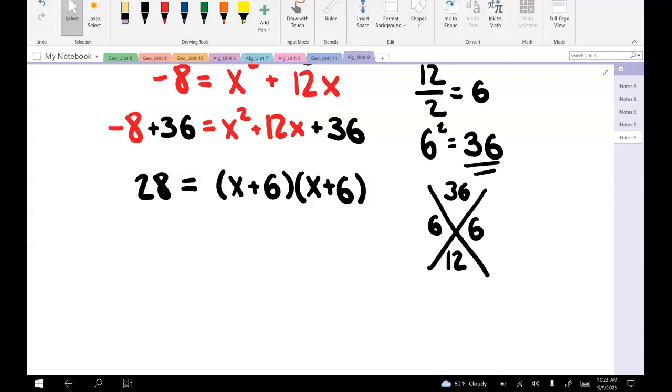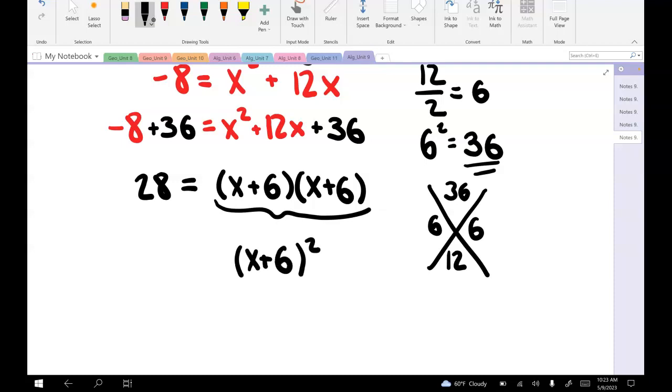If you want to go straight to writing this as x plus 6 squared, you can do that. Just save an extra line of writing. If you know that from this step, you just go to this step. You don't have to show that. That's equal to 28.